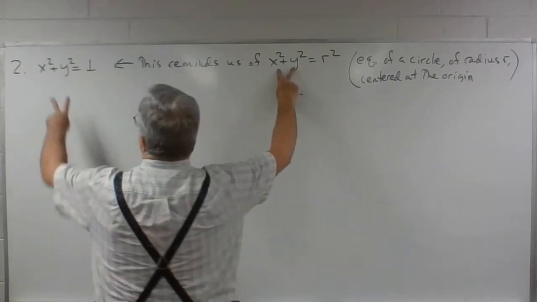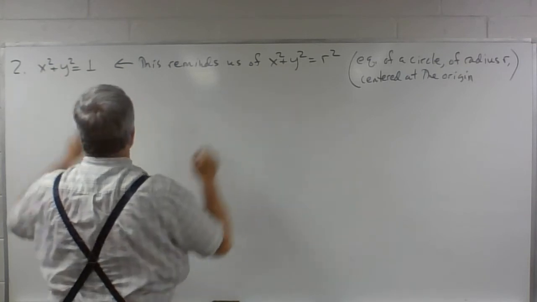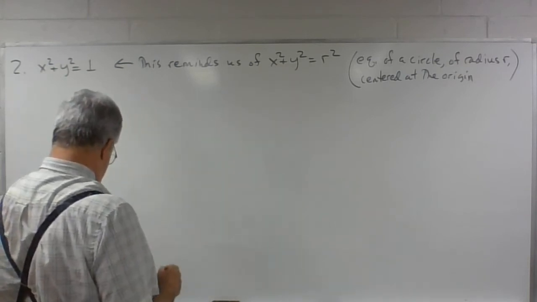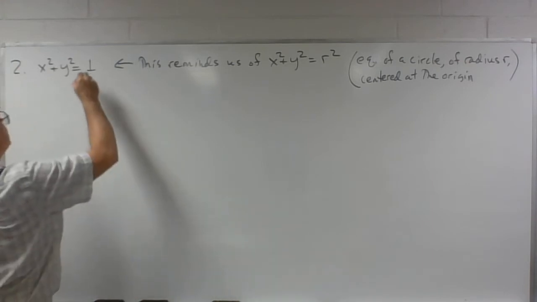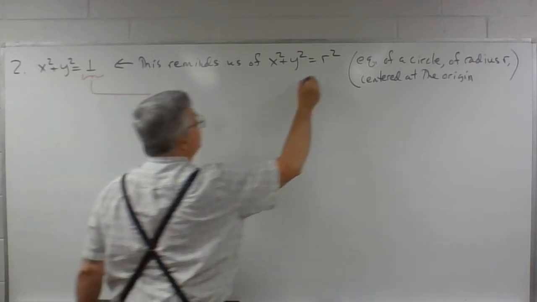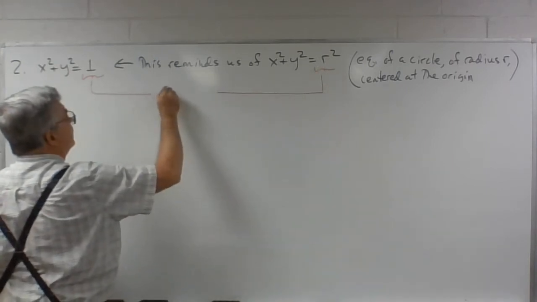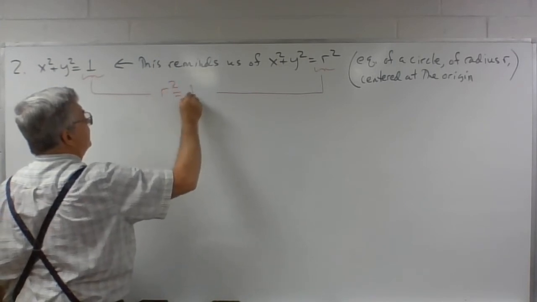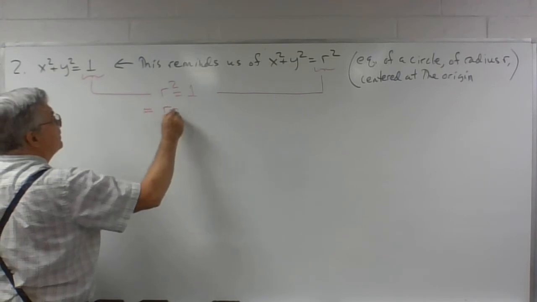Well, let's see, this part and this part are the same. So the center is the origin. And in this part, r squared is 1. So that tells us that r equals 1.